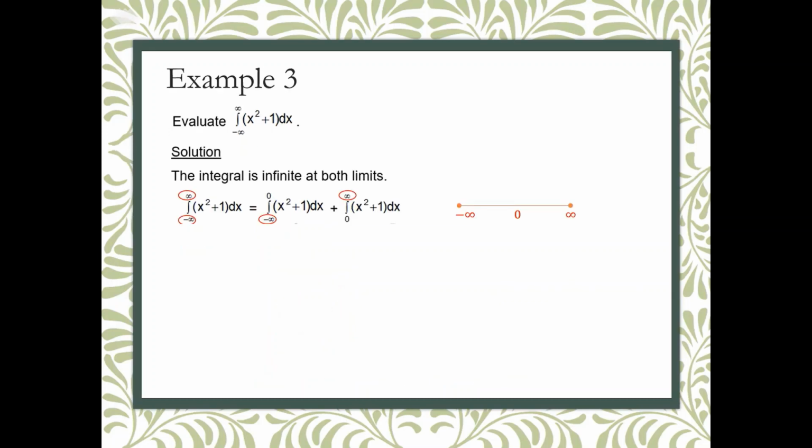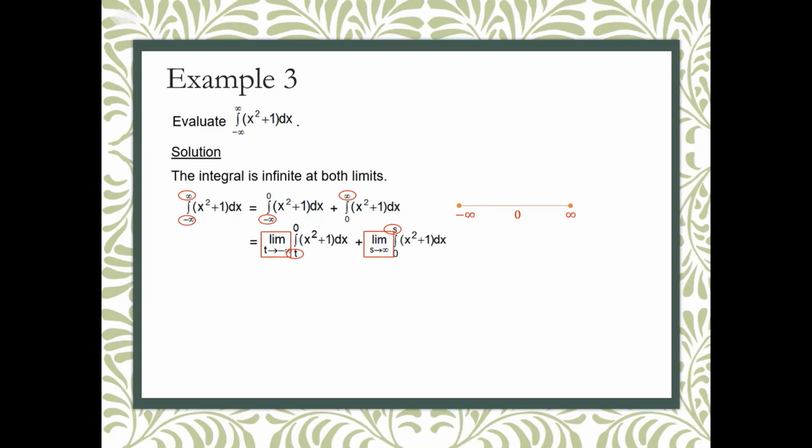Proceed with example 3. As the given interval has negative and positive infinity on both limits, split the integral into 2 by taking 0 as the cutting point. Take note that the first integral now has negative infinity at the lower limit and the second integral has positive infinity at the upper limit.